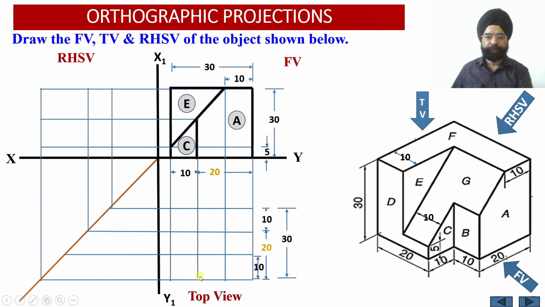From the front face, I have moved 10 millimeter back and this projection line has been drawn. The moment I draw this projection line, this cut into the solid has been obtained, which is 10 millimeter along the width and 10 millimeter along the depth of the solid.